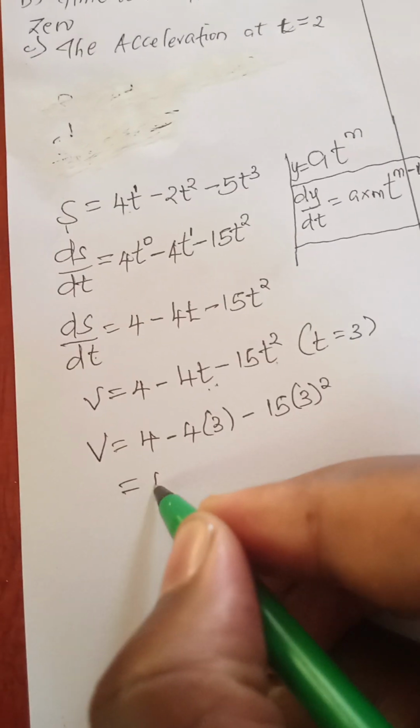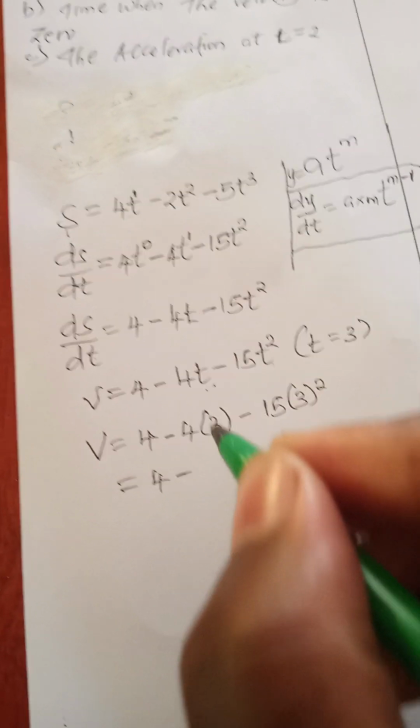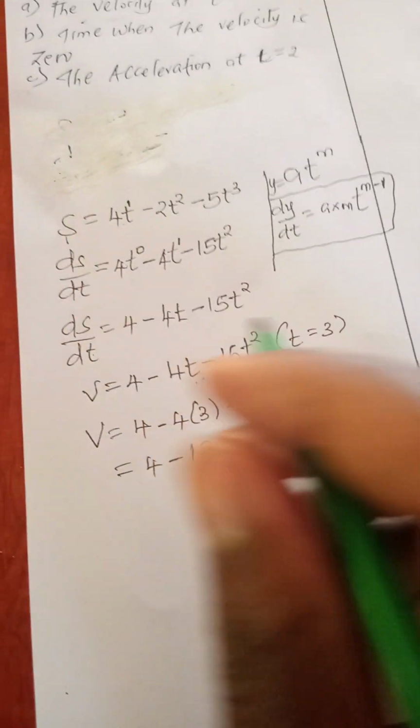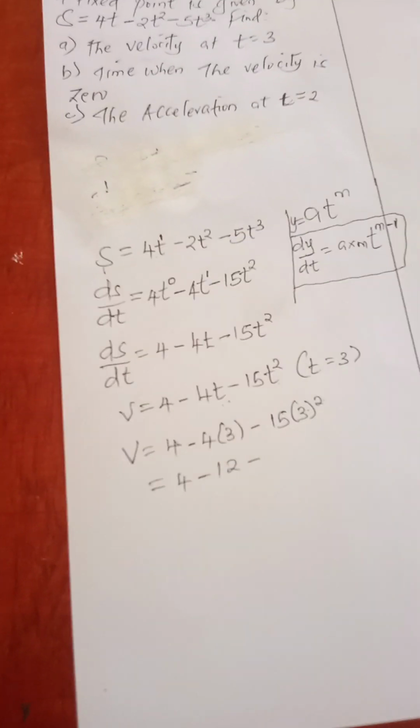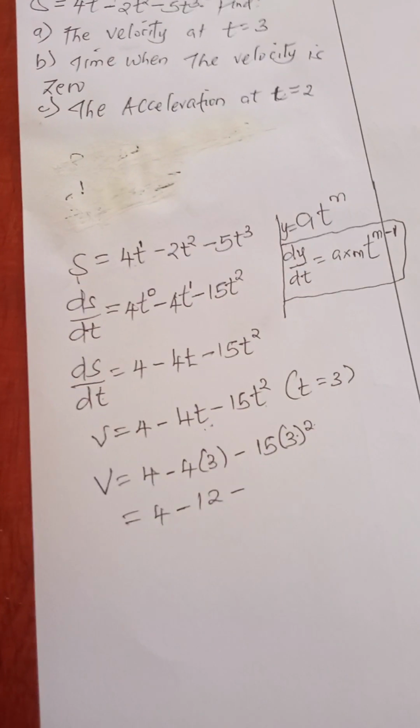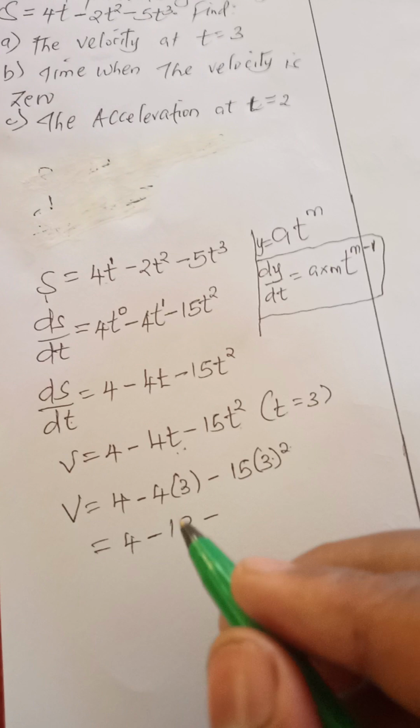So this will be 4 minus 12 minus, this is 9, 15 times 9, we get 135.